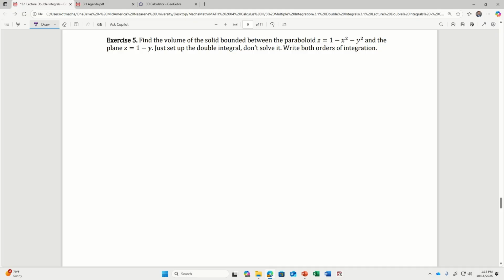But this time the plane is not just the flat xy plane. The plane is not z equals 0. This time I've got a weird plane that's at a slant. It's z equals 1 minus y. So it's going to kind of slice the paraboloid at a diagonal. And so if I want the volume of that solid between that paraboloid and that kind of diagonal slice, we'll talk about how to do that too.